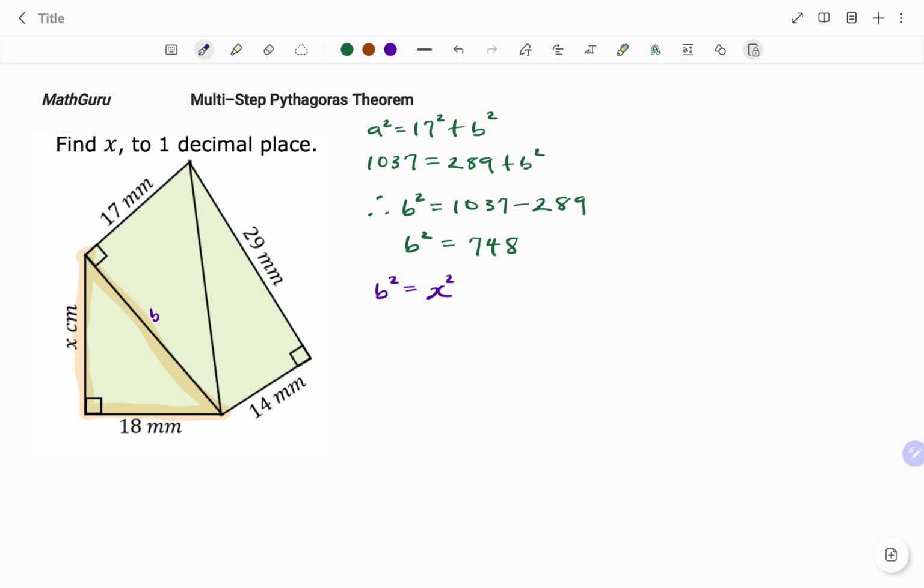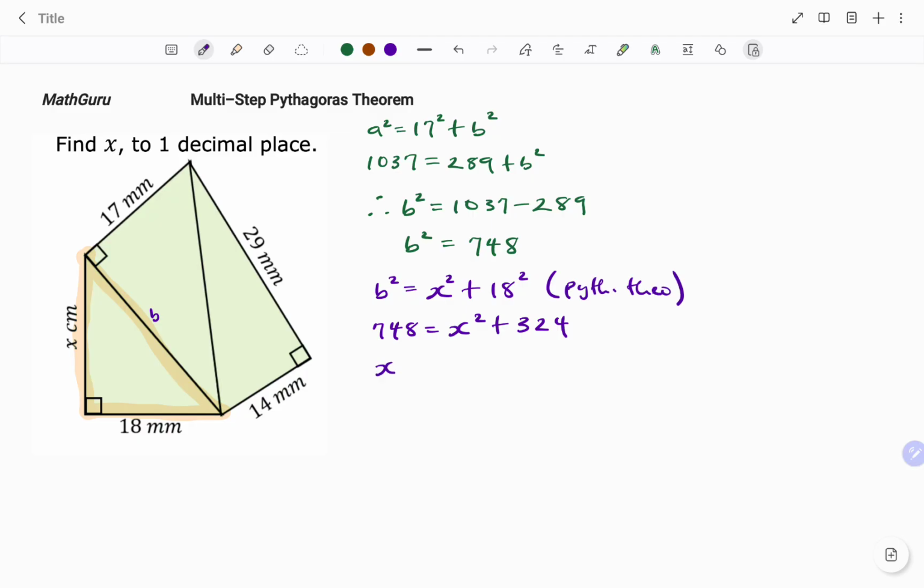So I say x squared plus 18 squared. I've been able to find the value of B squared from the previous solution. That's 748 equals x squared plus 18 squared, which is 324. That's Pythagoras theorem.